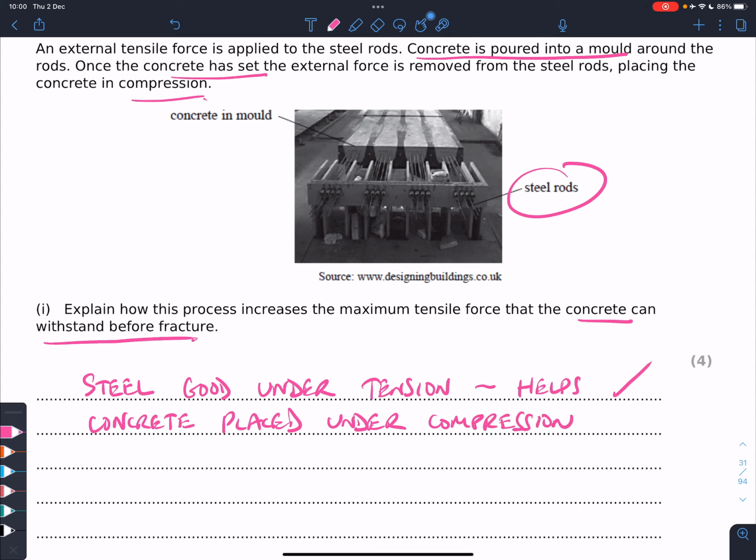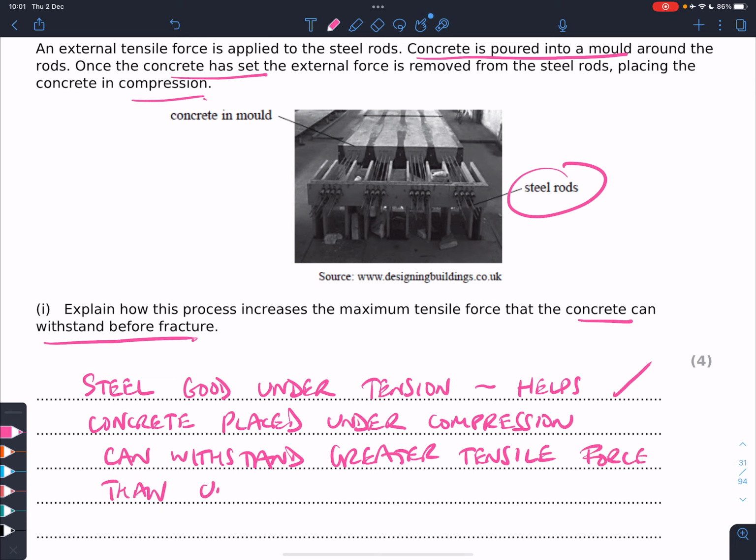So if it's initially under compression, concrete placed under compression can withstand greater tensile force than uncompressed concrete. Well, the reason for this is quite simple.